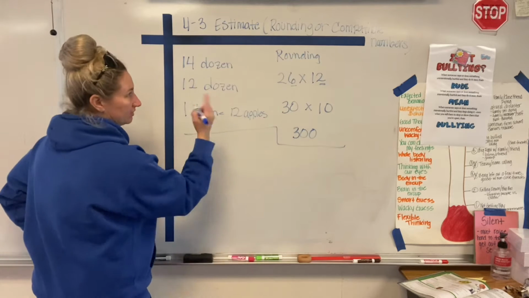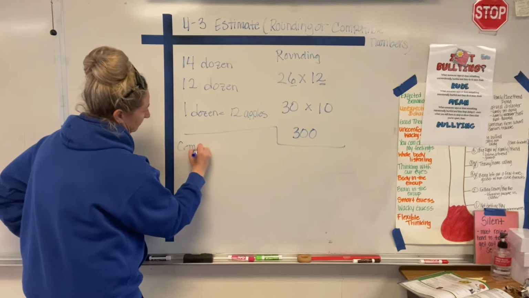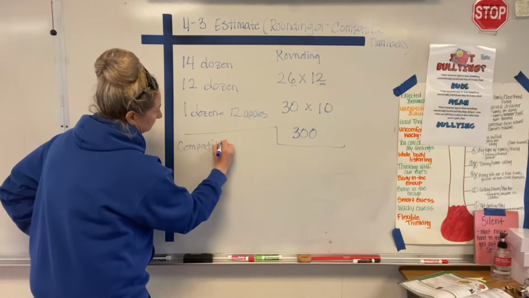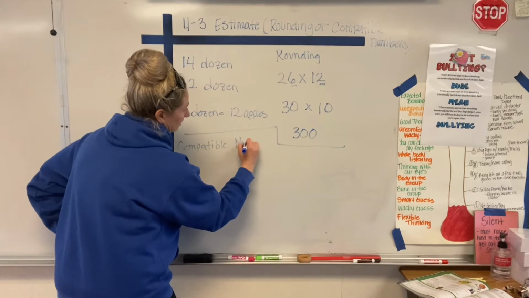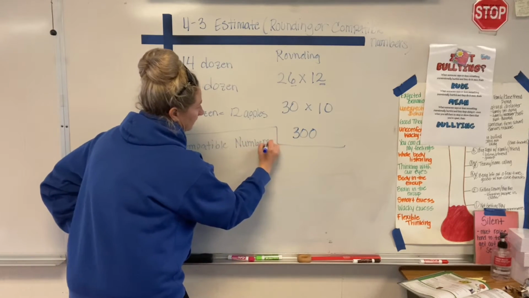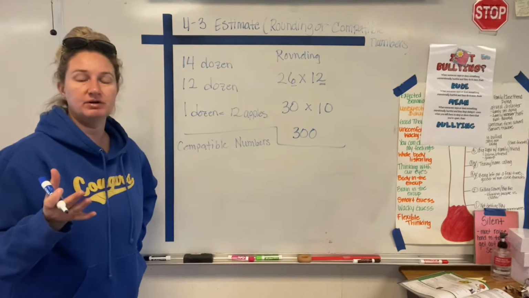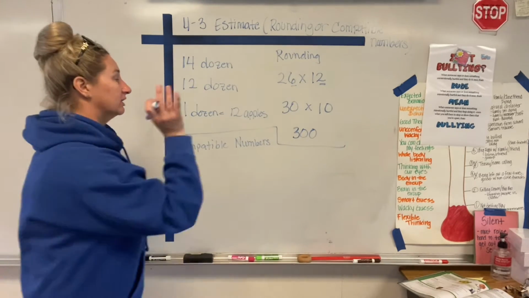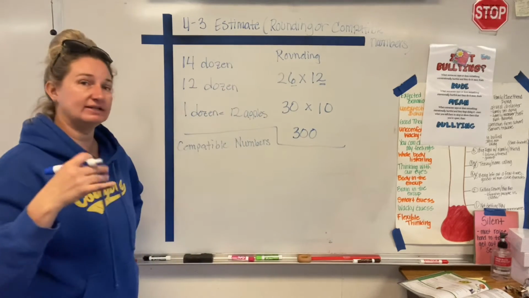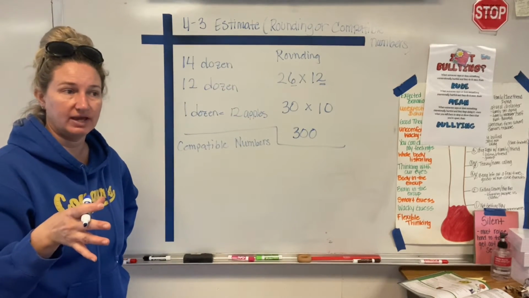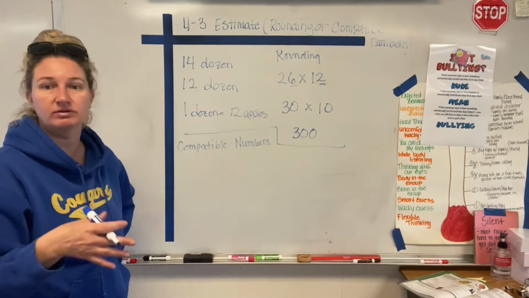And down here, we'll do compatible numbers. Okay, compatible numbers can be any number of your choice that is close to the original number that's easy for you to multiply. Okay, so you get to pick what you want to multiply.